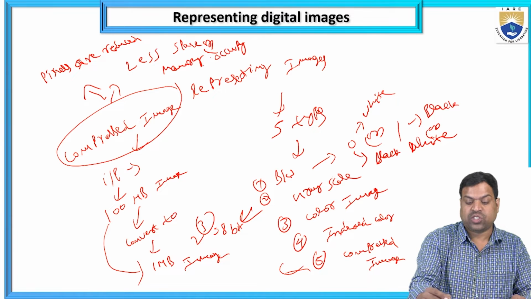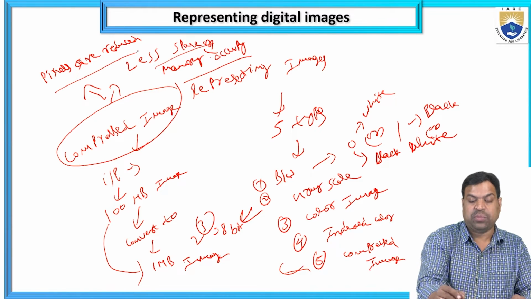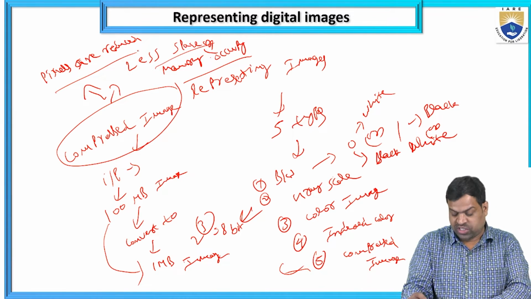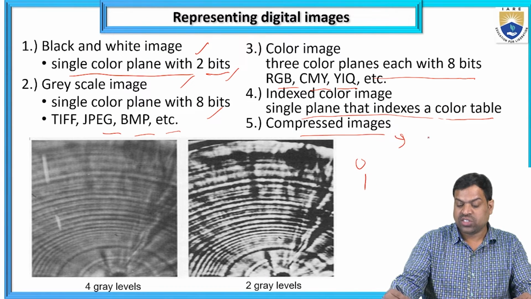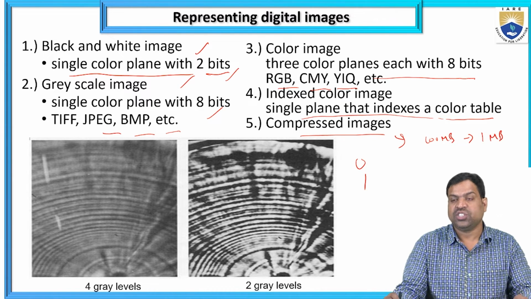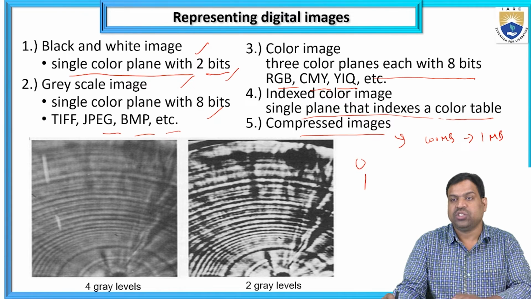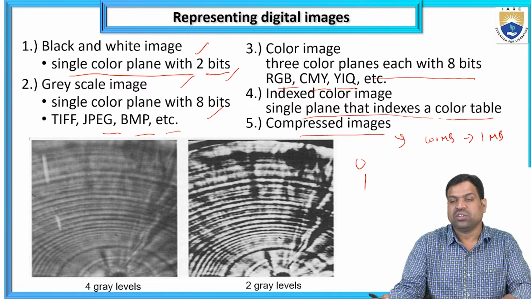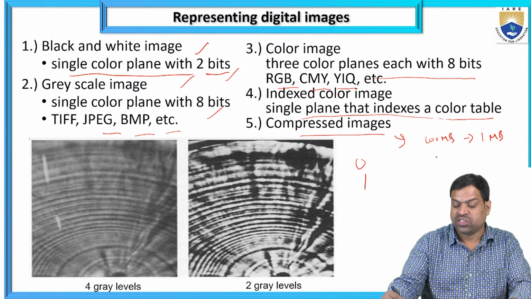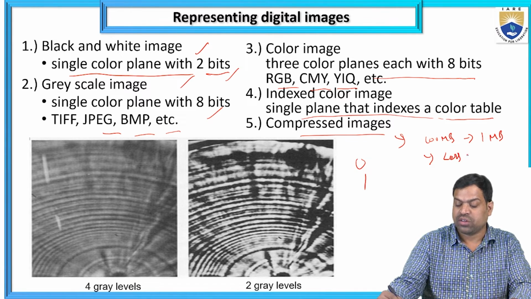So less memory is required and pixel size is reduced. These are the advantages of compressing the image. Compressing the image means 100 MB is converted to 1 MB. Is it changed to 1 MB? Yes, 100 MB changed to 1 MB. It is possible because I am using a compression method to reduce the size, so less memory is required.